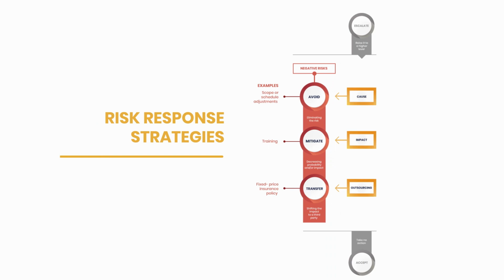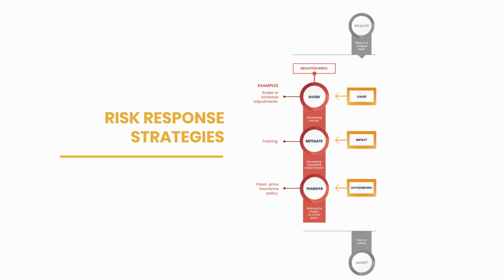Avoid, which involves eliminating the risk. For example, substituting one product for another, changing the area of intervention, or, if possible, eliminating the cause of the risk. Mitigate, which involves reducing risk probability and/or impact. The risk will remain, but its level will have been reduced. Transfer, which involves shifting the impact to a third party.